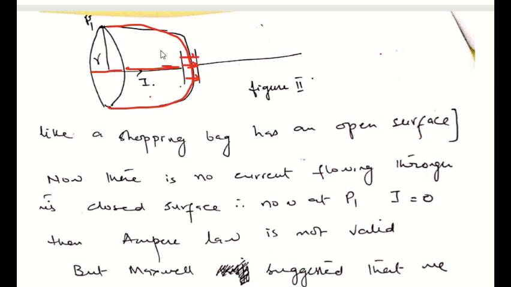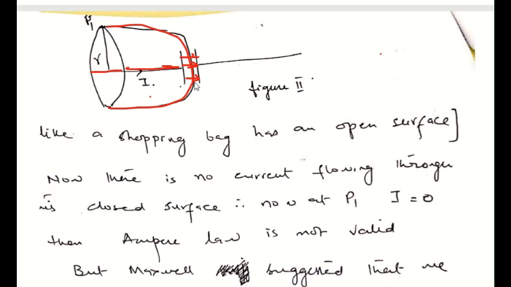So when this open area enters this area between the capacitor, there we have a changing electric field, that is, the flux is changing. And as Faraday suggested that changing magnetic flux can produce an electric field, then why not changing electric flux produce a magnetic field?